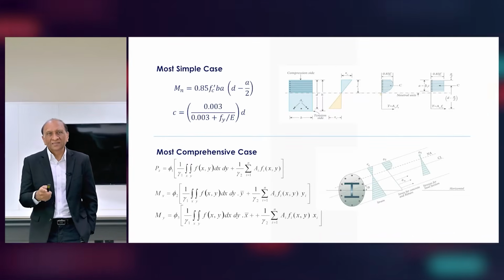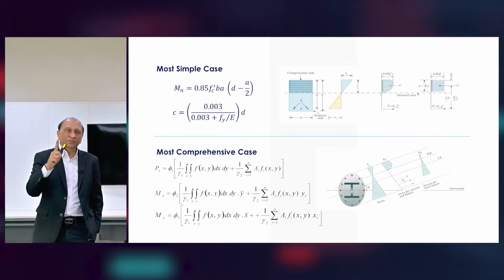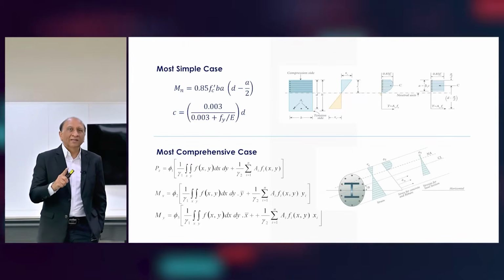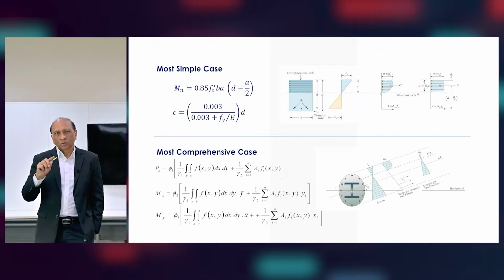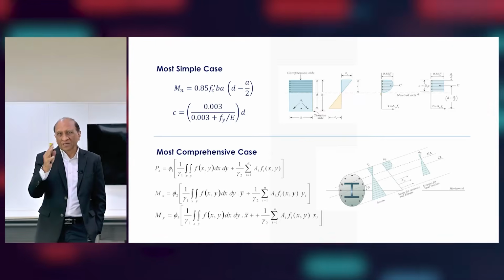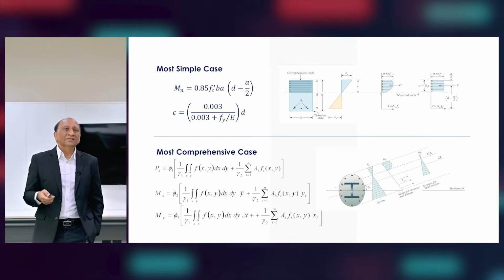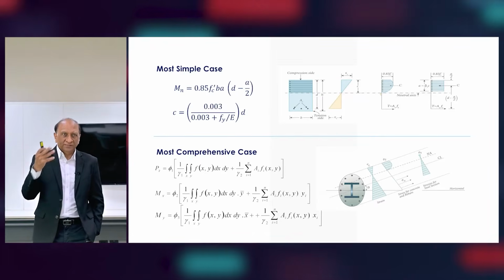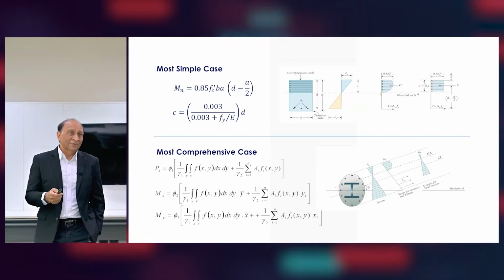Both of them are identical, only difference being that one is generic and general, the other one is very specific and very limited in terms of its application. So the two equations at the top and the bottom are identical in concept. Both of them are representing the capacity of a cross-section, one a moment capacity, the other all three capacities simultaneously.